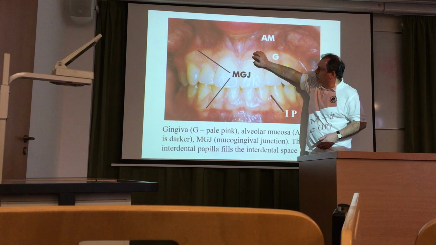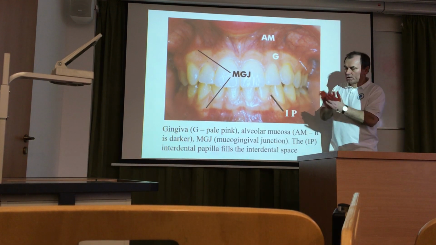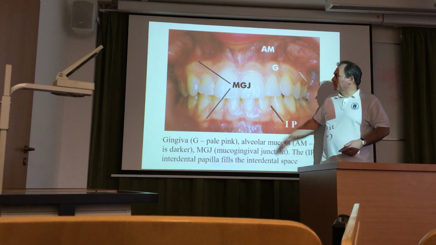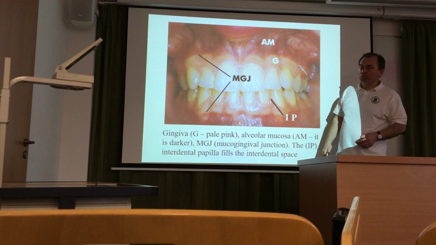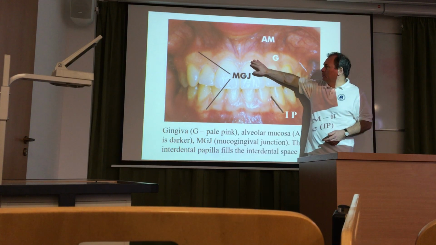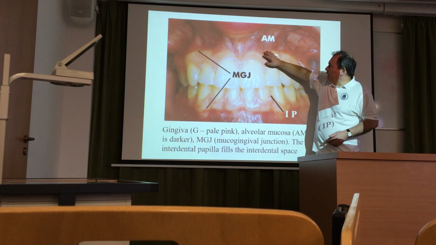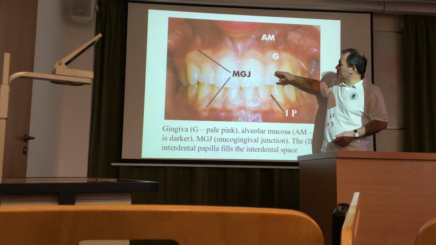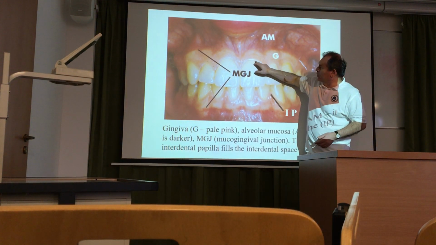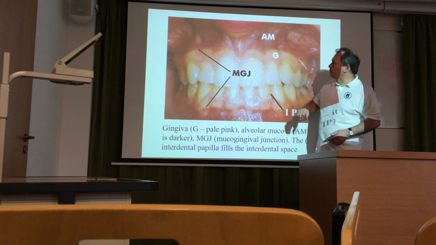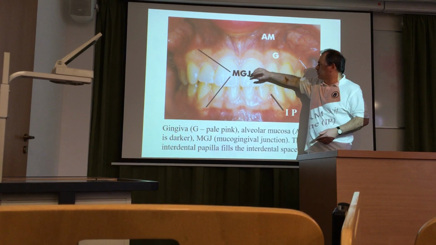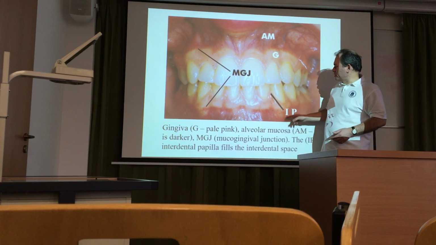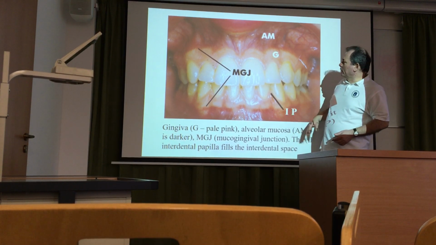As you can see here, the attachment is more strictly bonded to the underlying bone, because below this there is only the bone membrane or connective tissue, but here it is more loose. And of course we have the marginal gingiva, just this color, 2 millimeters, and we have the interdental gingiva or interdental papilla layer.